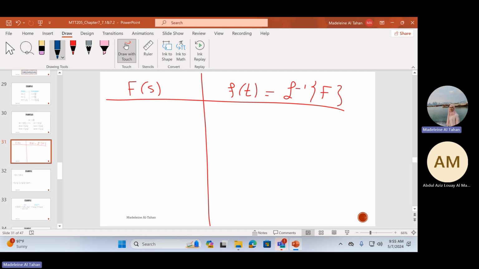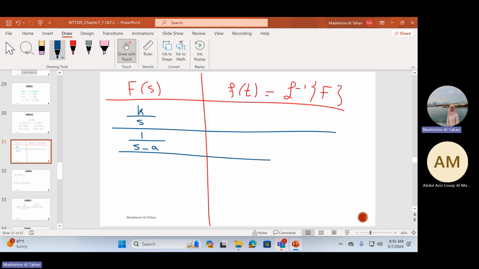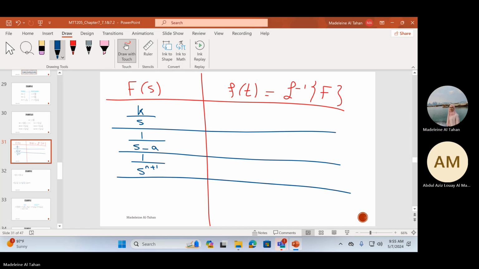Start with constant over s. This is the first one. The second one, we will write 1 over s minus a. The third, we will write 1 over s to the n plus 1.